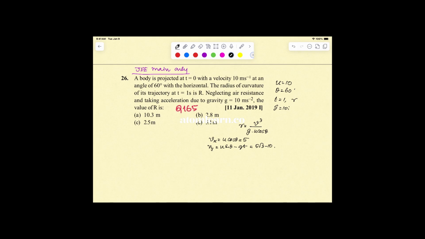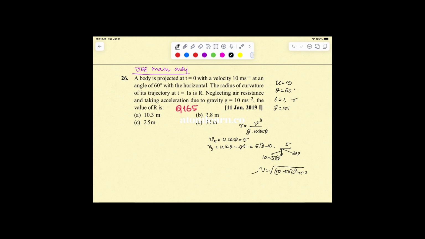Therefore we must take this as downward velocity, equal to 10 minus 5 root 3, and then the horizontal velocity is 5. Therefore we can find v as the square root of (10 minus 5 root 3) whole squared plus 5 squared.